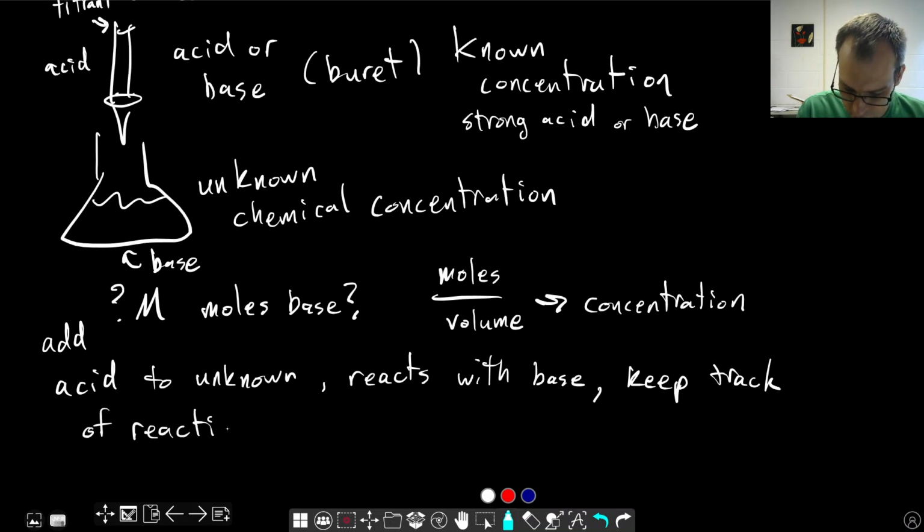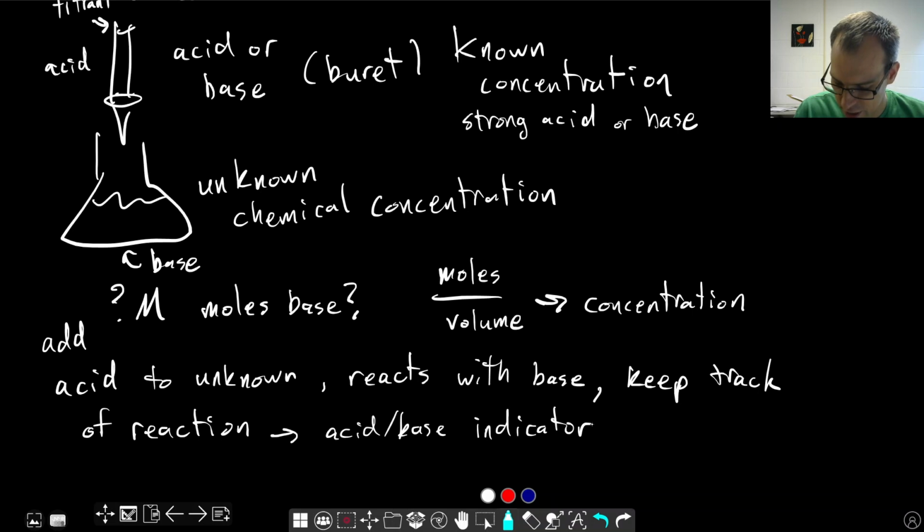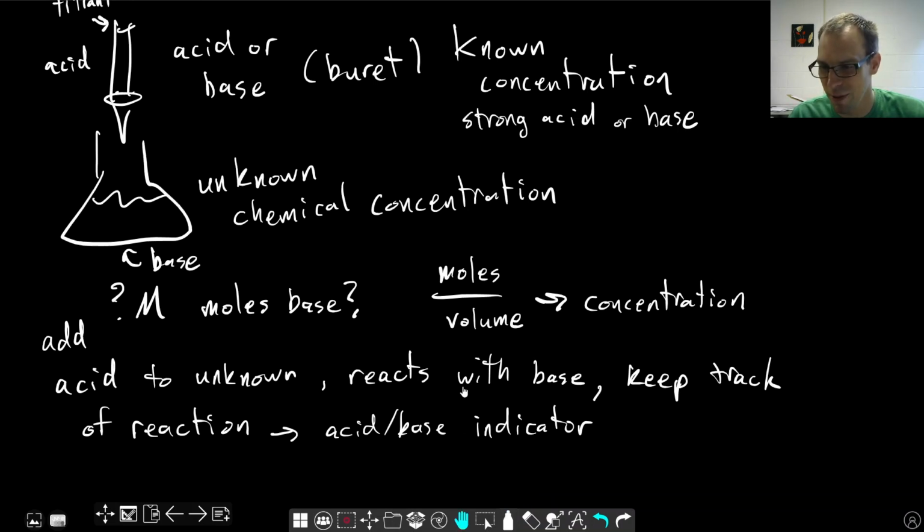Now, how do we do this? We use what's called an acid-base indicator. And this is a molecule that will change color once the reaction is complete. So a very common indicator that's used for many acid-base reactions is a compound called phenolphthalein. It's a mouthful to say and a mouthful to write.